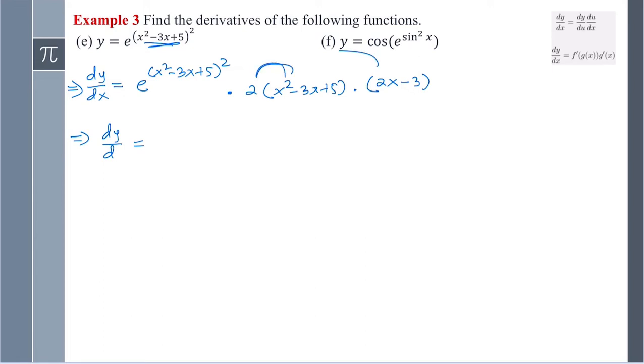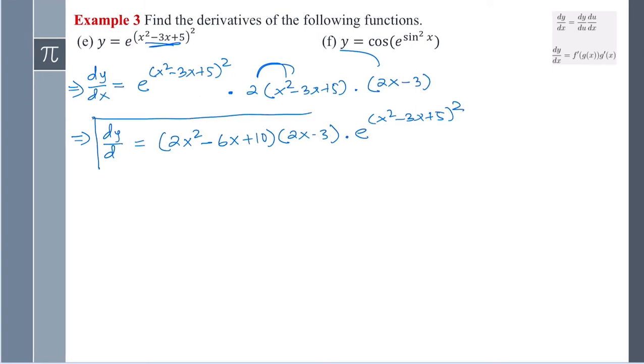So I'll just distribute this 2 over here, and I get 2x squared minus 6x plus 10, times 2x minus 3, times this exponential function, which is e to the (x squared minus 3x plus 5) squared. We cannot simplify further, we'll just leave it right here.